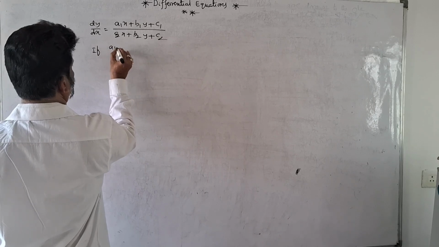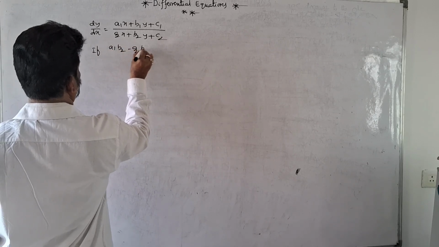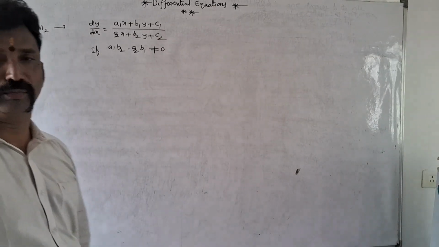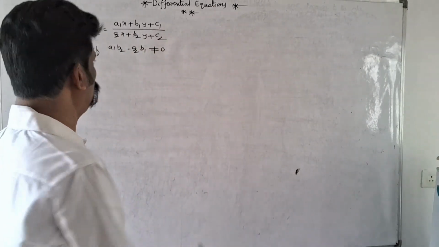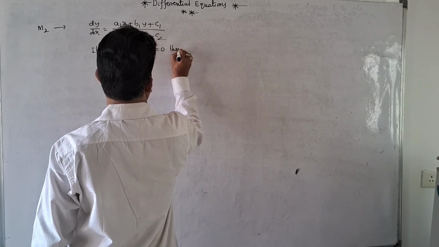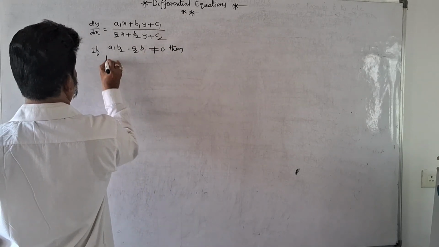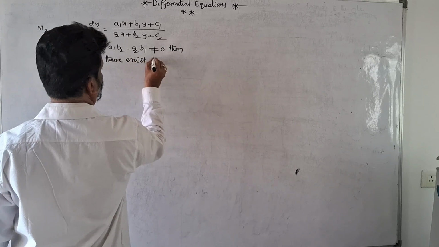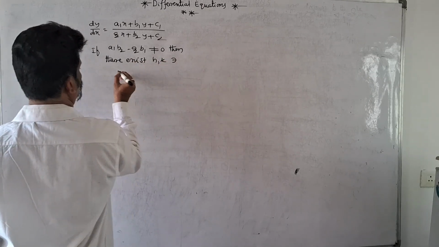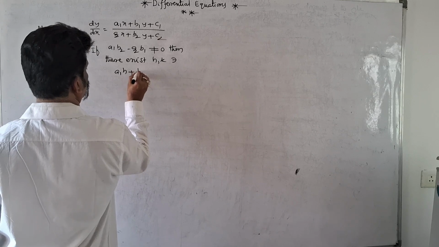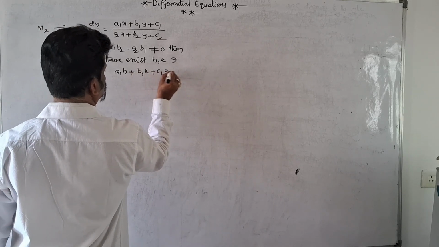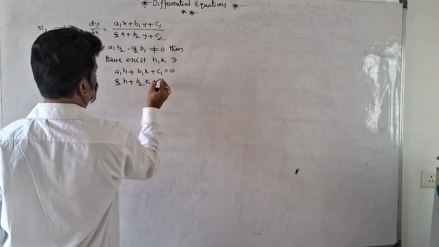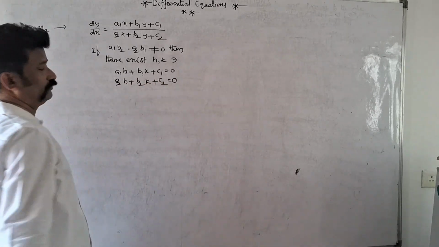If a1 b2 minus a2 b1 is not equal to 0, then there exist h comma k such that a1h plus b1k plus c1 is equal to 0 and a2h plus b2k plus c2 is equal to 0.